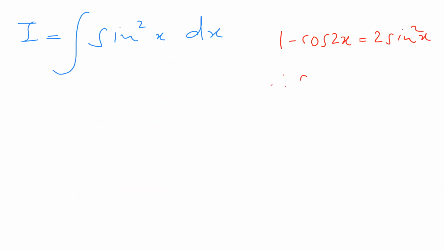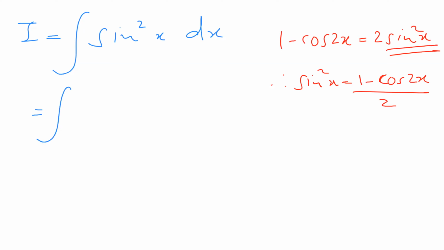Therefore what is sine square x? Is it equal to 1 minus cos 2x upon 2? Yes, that is by cross multiplication. So this will be 1 minus cos 2x upon 2.